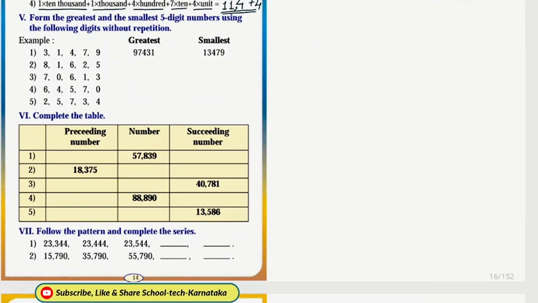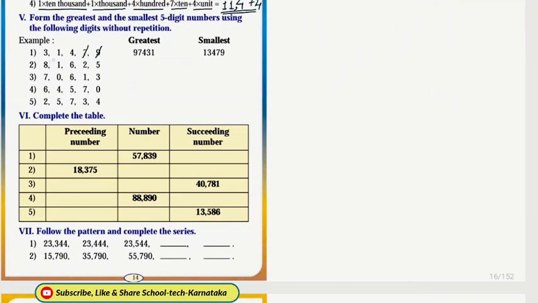If you can recall correctly, we have solved these examples in our previous videos. To write the greatest 5-digit number using the given digits, we need to write the greatest digit first, and then the second greatest, and so on.